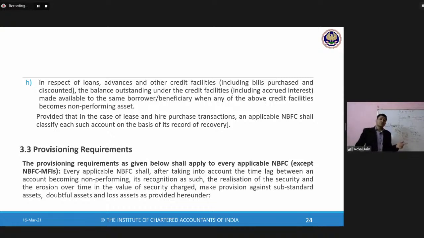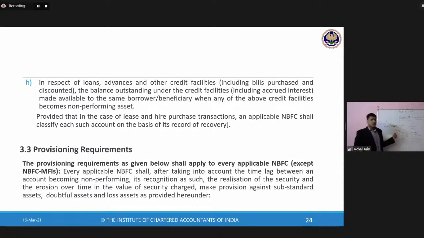Like you do in case of debtors. For debtors, companies create a provision for doubtful debts. Why? Because they think that some part of the money may not come, or maybe the entire money may not come. But in case of those companies, we wait till the loss is assessed, till the loss is incurred, before making the provision.